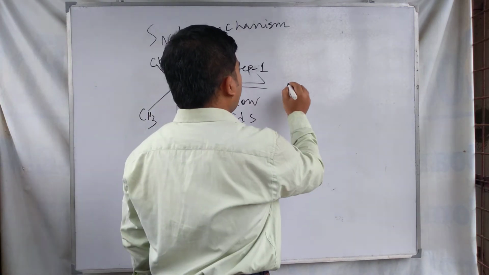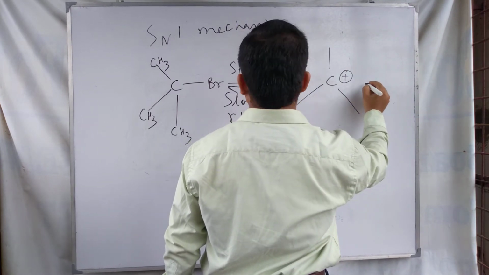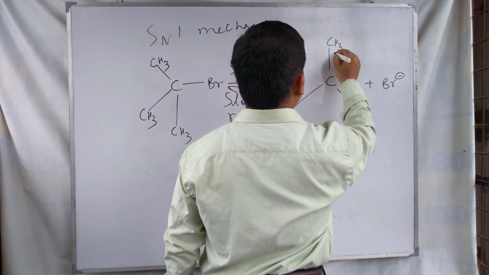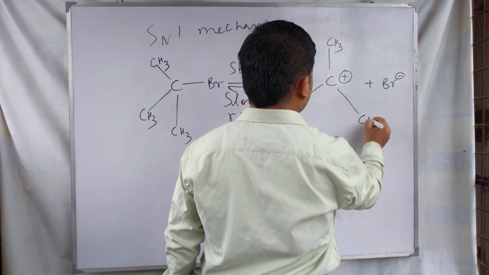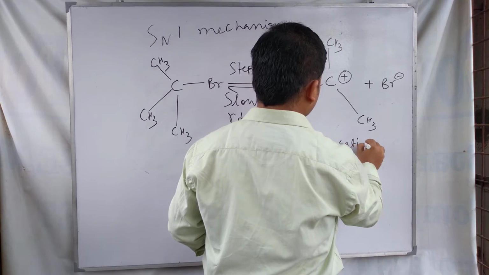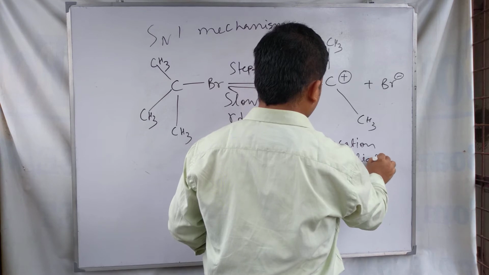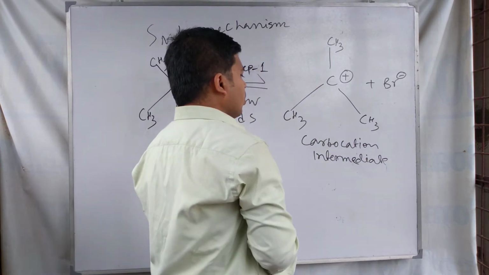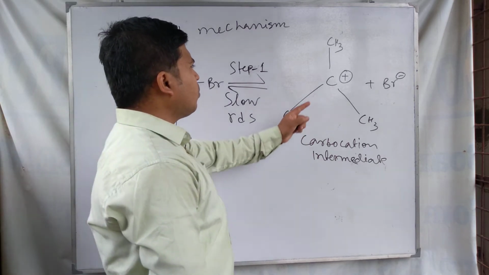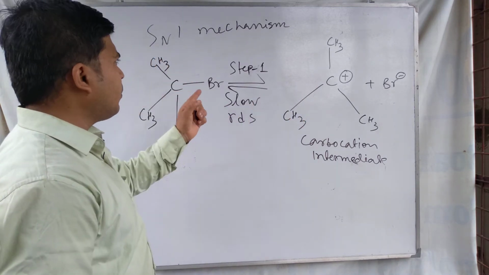In step 1 of the reaction, a carbocation intermediate is formed. You are seeing that a carbocation intermediate is formed in step 1 of the SN1 mechanism.